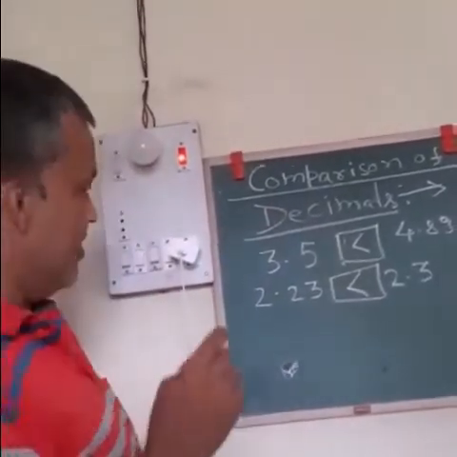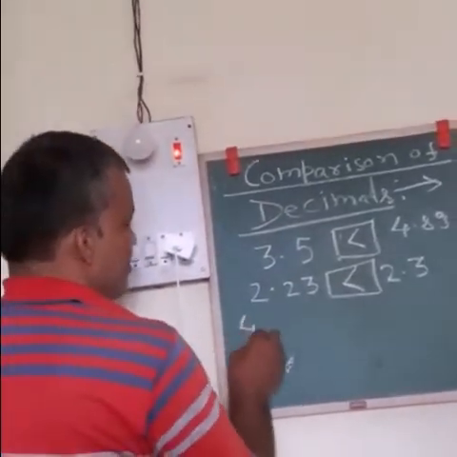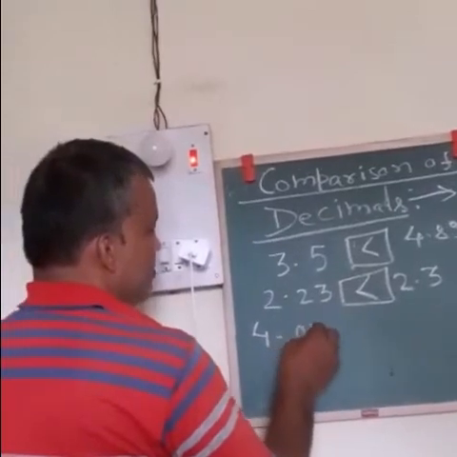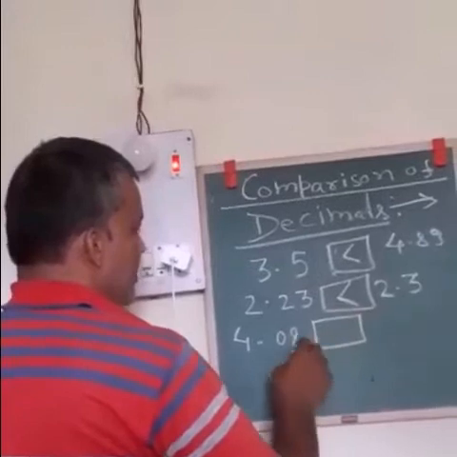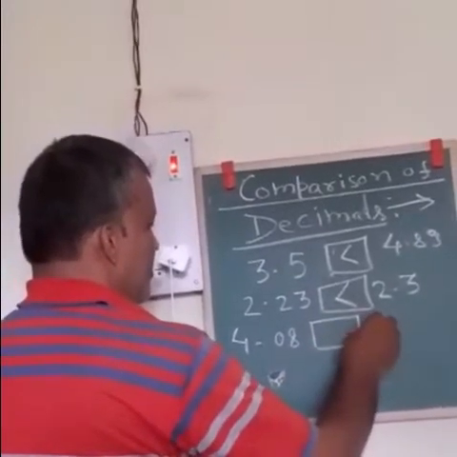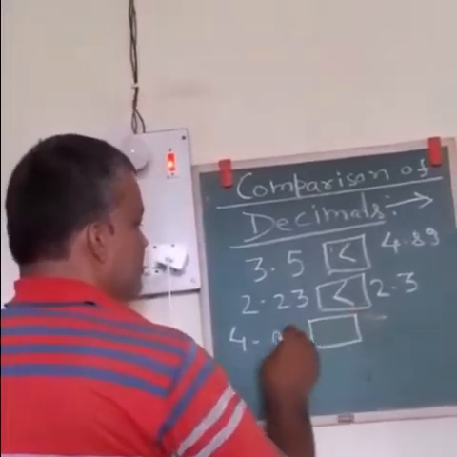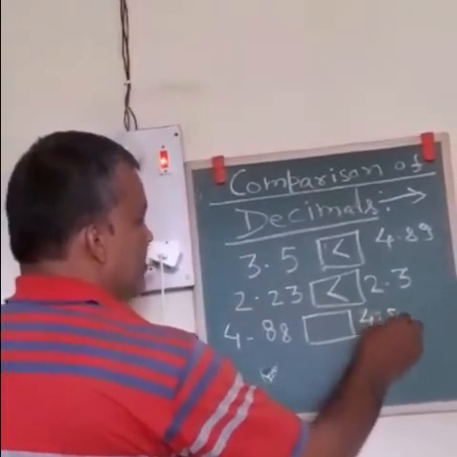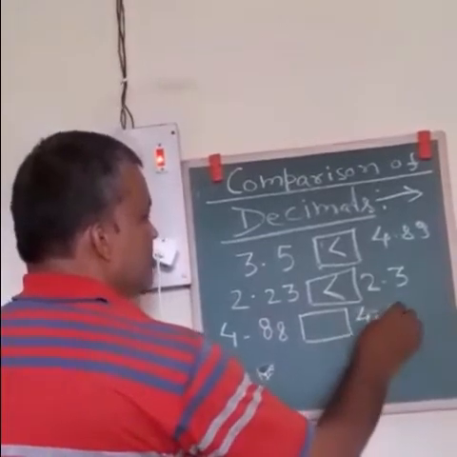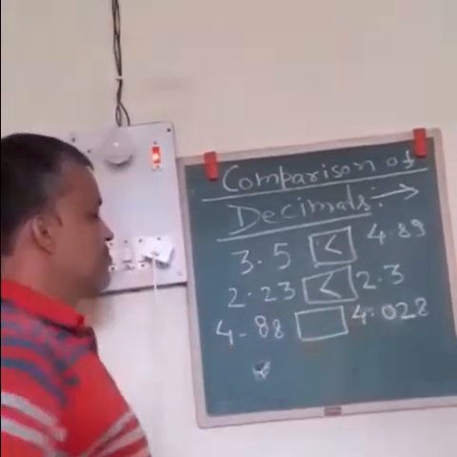Now we take one more example. 4.08, here 4.88, here 4.028.